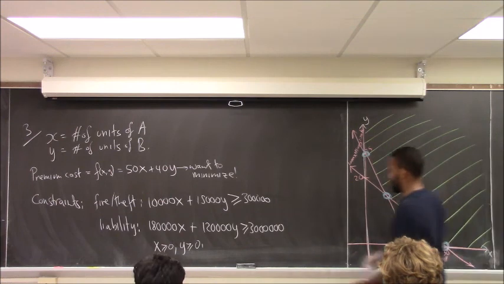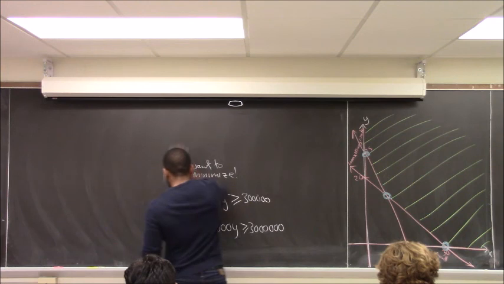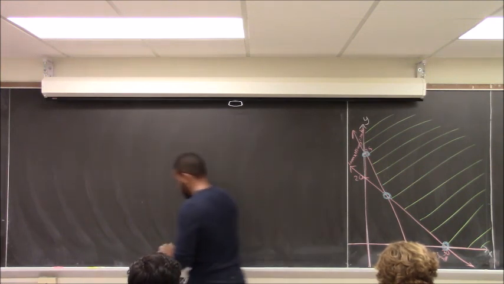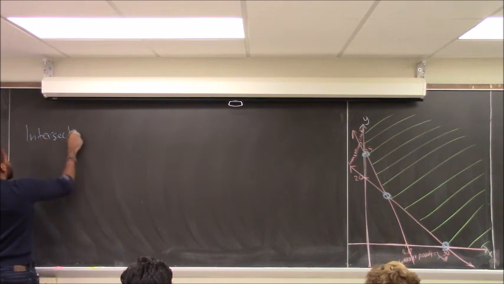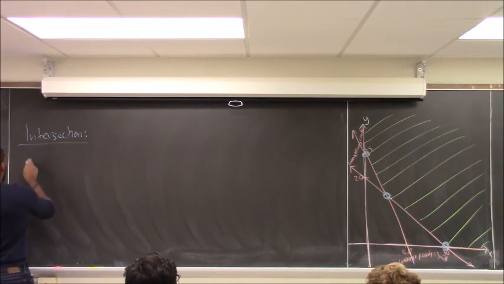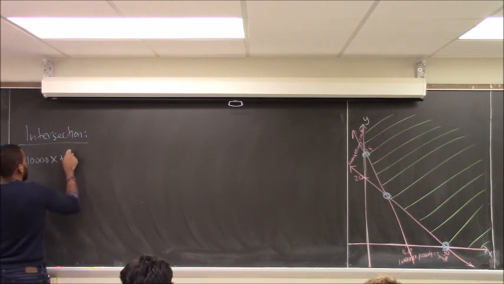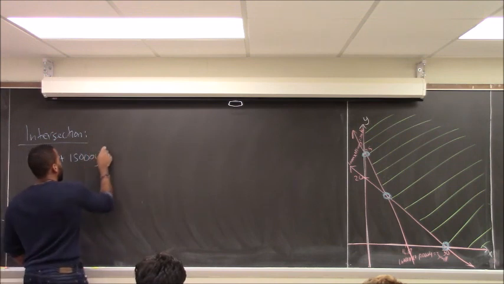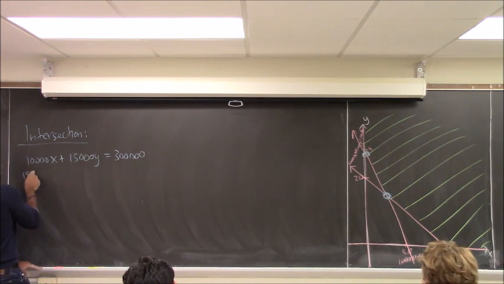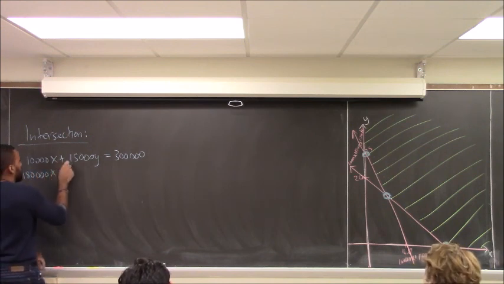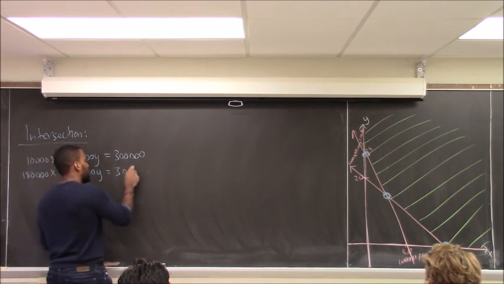And what was this? I need 10,000x plus 15,000y equals 300,000, and 180,000x plus 120,000y equals 3 million.